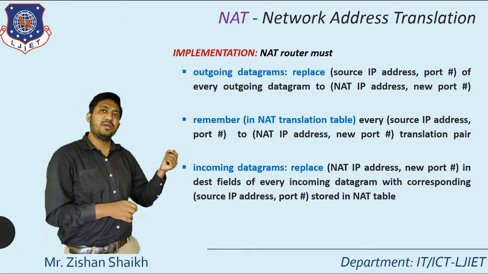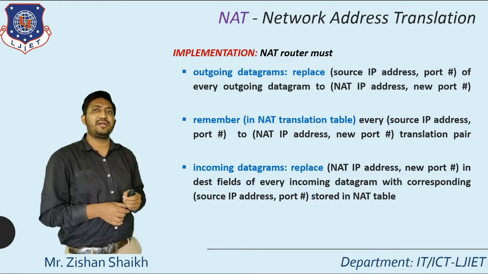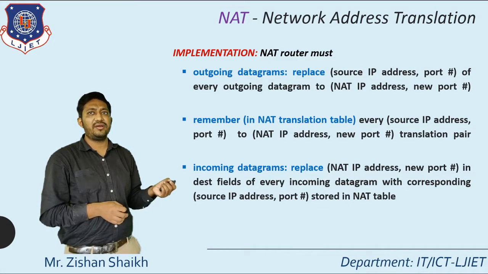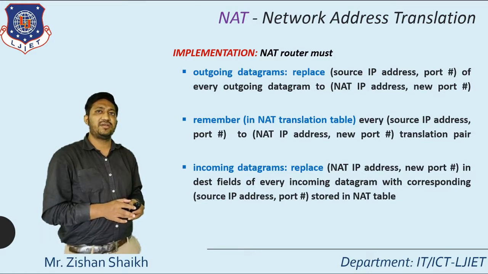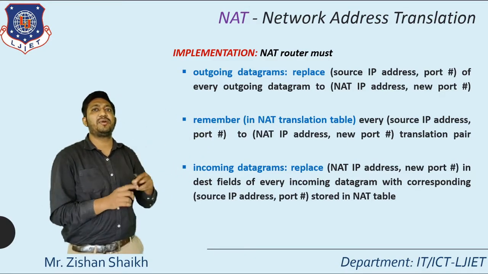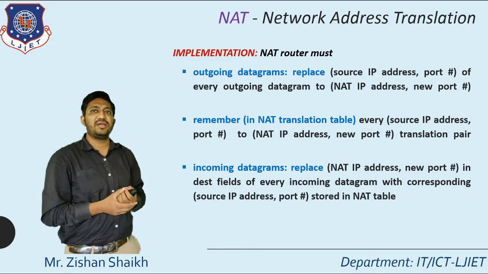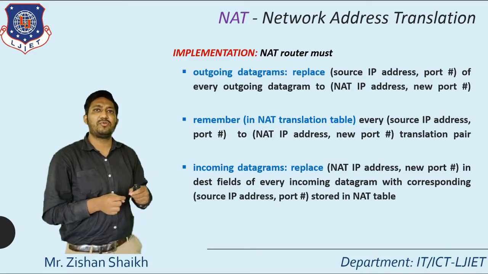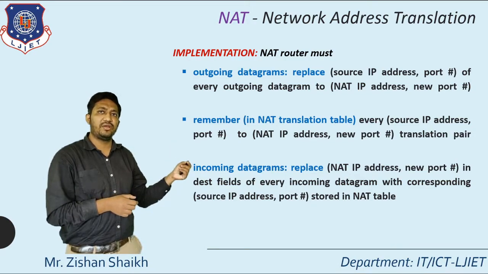When any device in our network requests some data, it first enters the NAT table. NAT assigns a new IP address and port number for that device, and that is remembered by network address translation. Now that request goes outside the organization. When the response comes back, NAT maps it against the previous request and gives the response to the specific host.